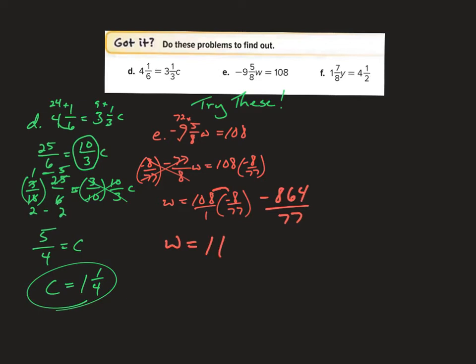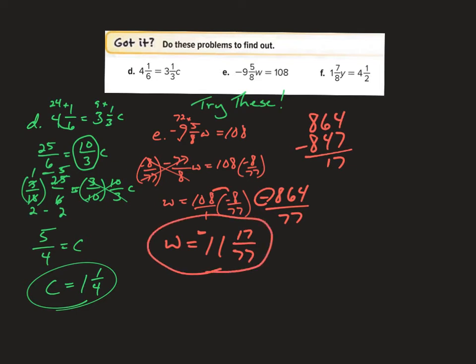And 11 times 7 is 847, so I can take 864 minus 847 to get 17, which is my new numerator. So this becomes 11 and 17 over 77. And I have to make it a negative because I've got a negative sign here. So the improper fraction, negative 864 over 77, becomes negative 11 and 17 over 77 for your final answer.